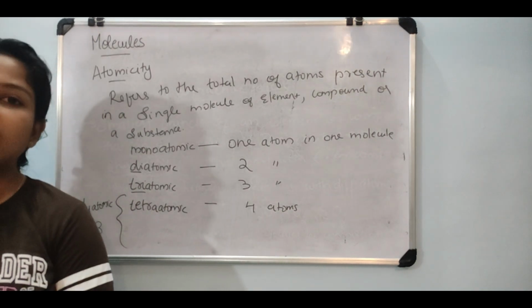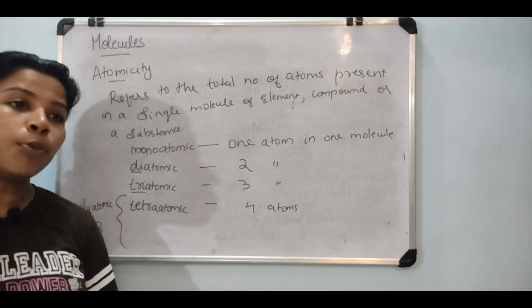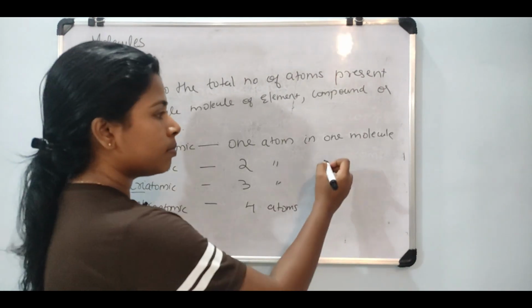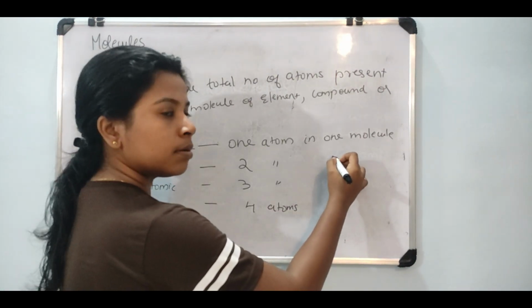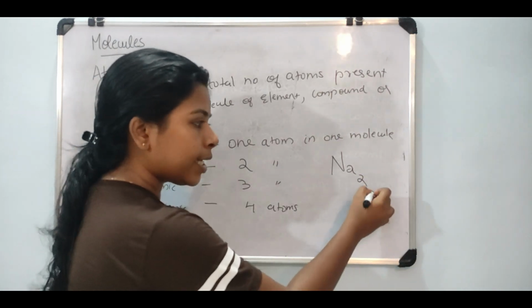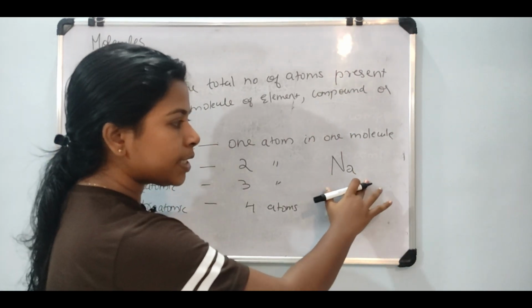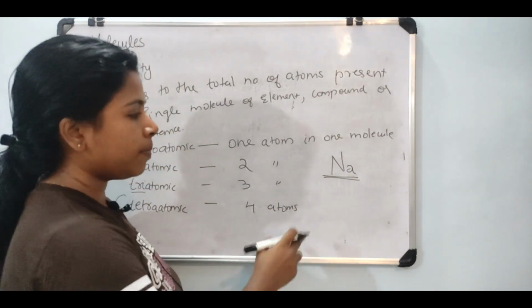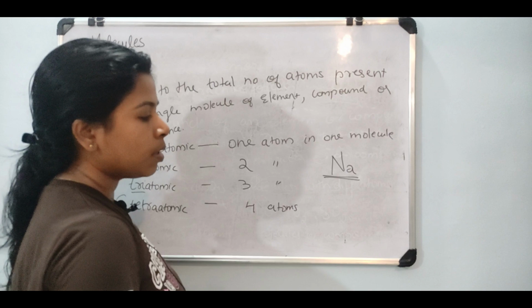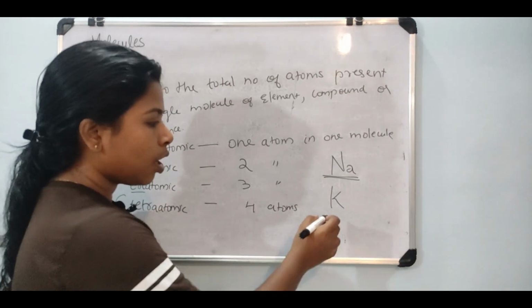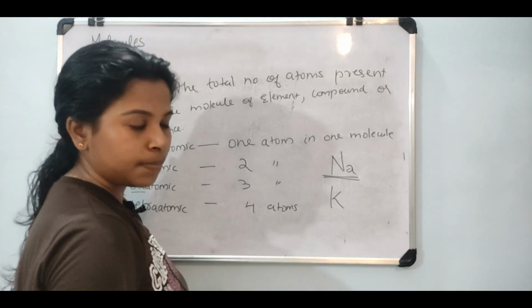And in most cases, generally, the metals are monoatomic. See, for example, sodium. How is sodium written? Na. Sodium is not written as Na2. The molecule of sodium is Na, means it is monoatomic, means only one atom. Then potassium, it's written as K, right? How many atoms? Only one atom.